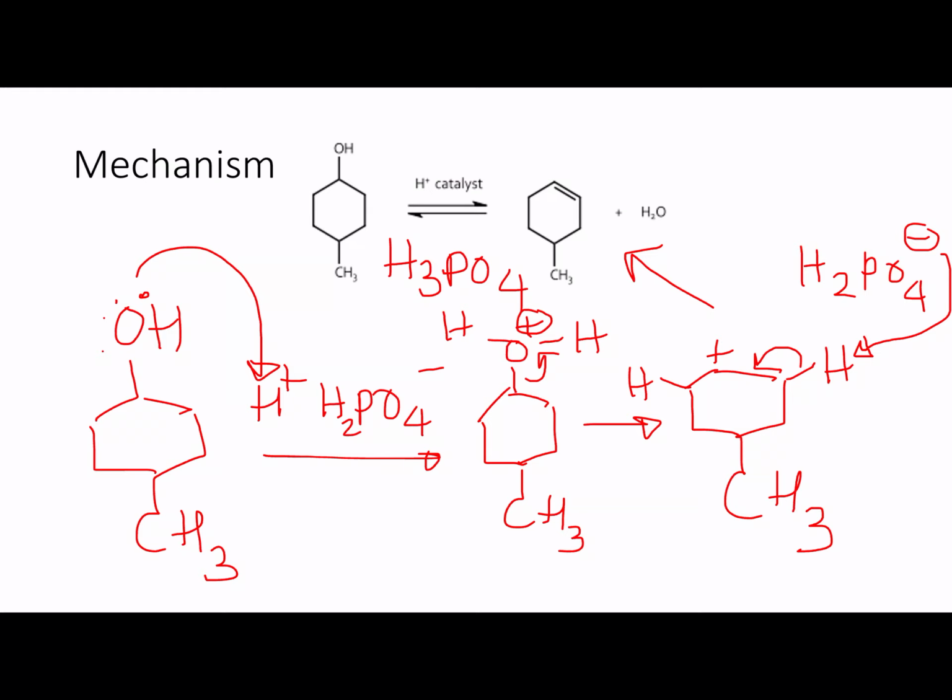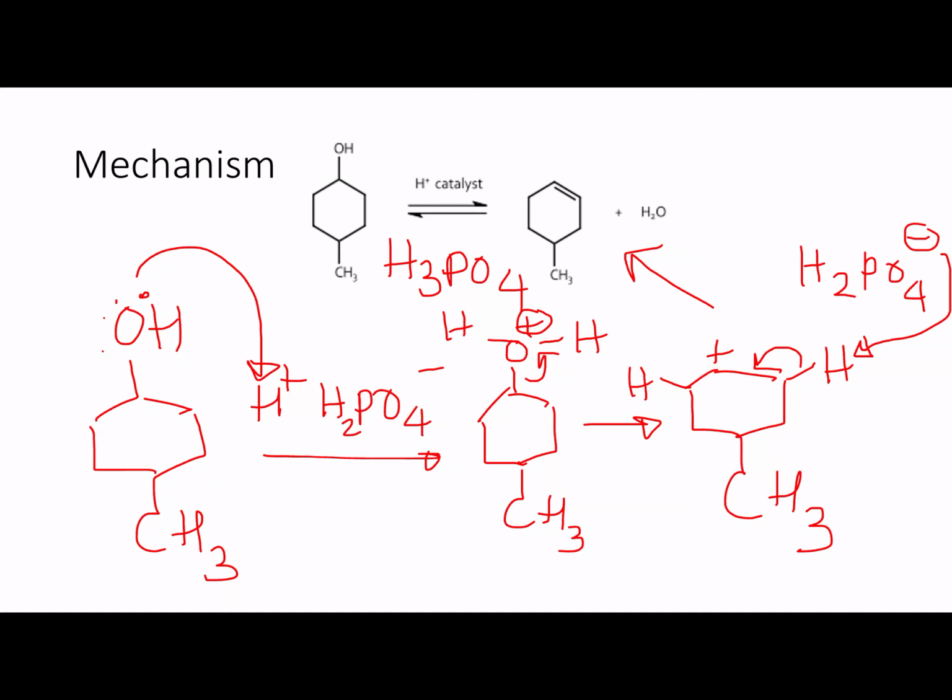so again dehydration requires an acid catalyst, and the catalyst that we use is phosphoric acid. And one requirement for this reaction is that we have to use an acid whose conjugate base is non-nucleophilic. Our conjugate base, from phosphoric acid, is non-nucleophilic, but it is basic enough to take the hydrogen and form the alkene.